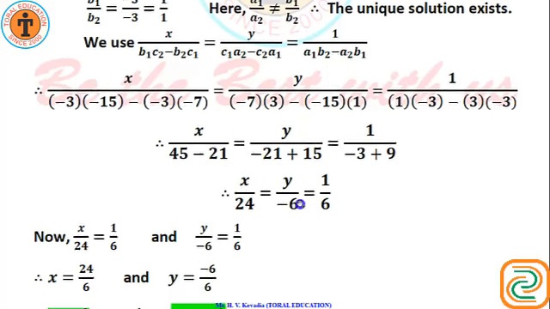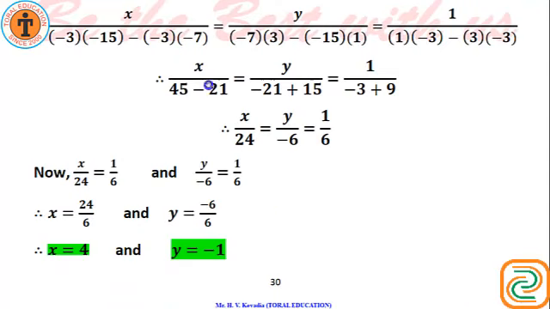So here we have x upon 45 minus 21, that is 24. y upon minus 21 plus 15, that is minus 6. And 1 upon minus 3 plus 9, equals 6. So this equals 1 upon 6, and this equals 1 upon 6.